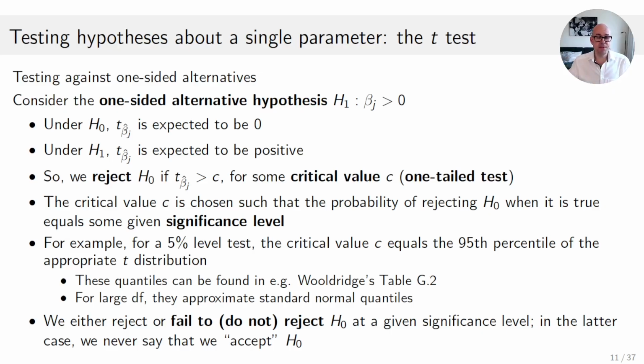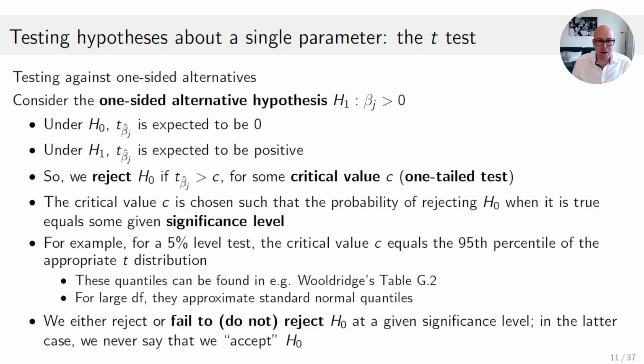So this means in turn that we reject the null if the t-statistic is above some critical value. And that critical value is called C here. And all this is also called a one-tailed test for that reason.